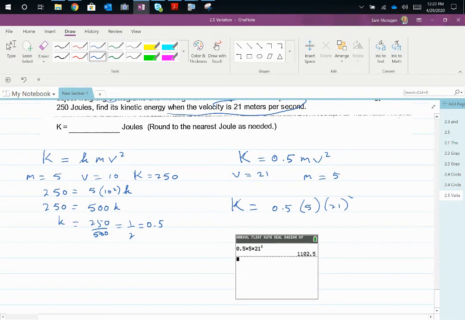Notice they want the answer rounded to the nearest joule, so 1103 would be the answer that you would type in to the MyLab program.